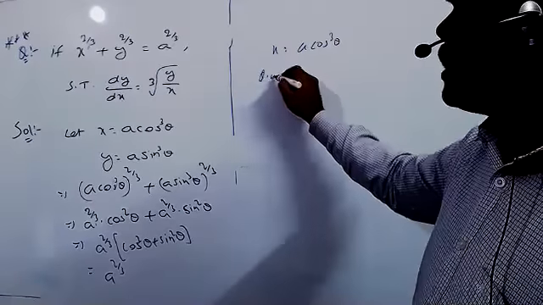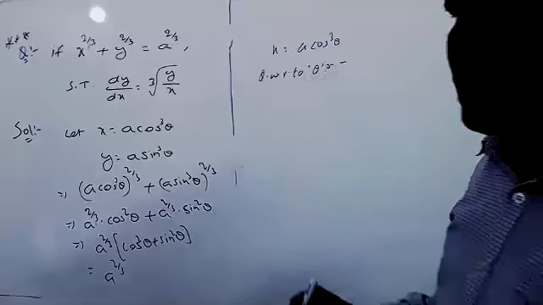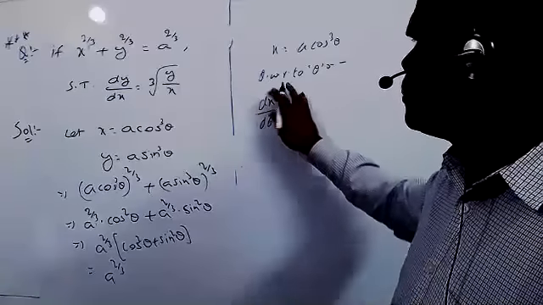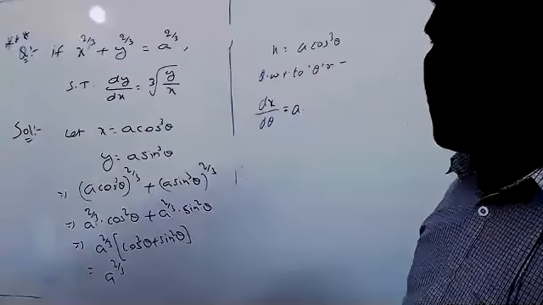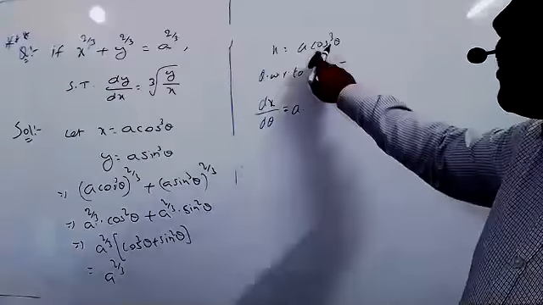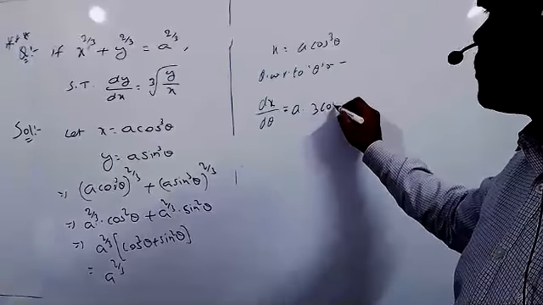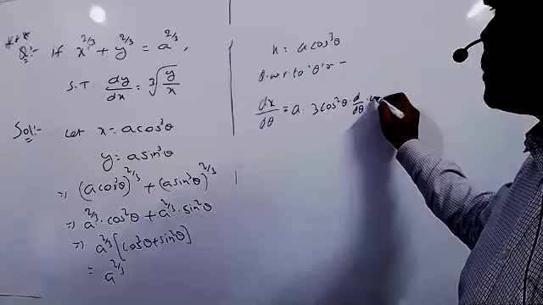Now differentiate with respect to theta on both sides. So dx by d theta equal to, a is the constant value. Now differentiation of cos cube theta, what do you get? 3 into cos square theta into d by d theta of cos theta.